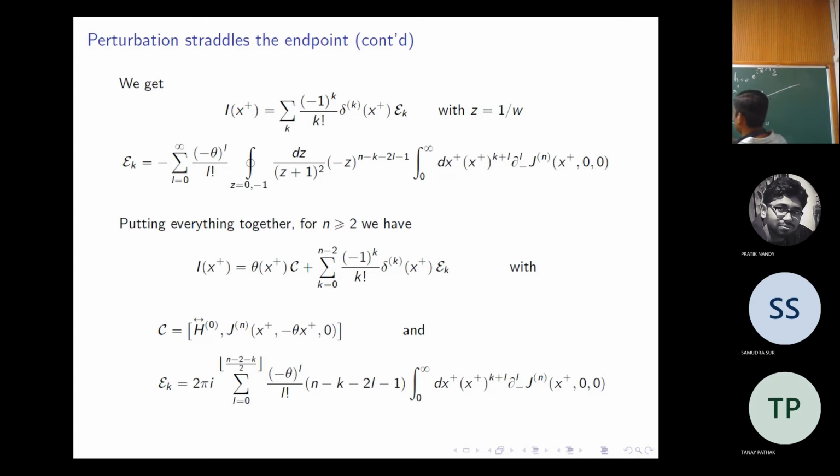So this is the behavior at the x plus going to 0 limit. And this is what gives this I of x plus. So it has some commutator contribution and some endpoint contribution. Basically, these moments come from the fact that as you take the x plus to 0 limit, there are these subleading singularities, and to extract them out, you have to do some scalar expansion.